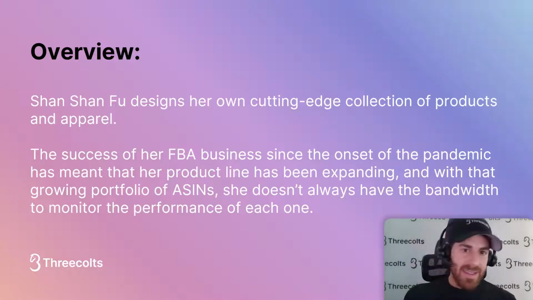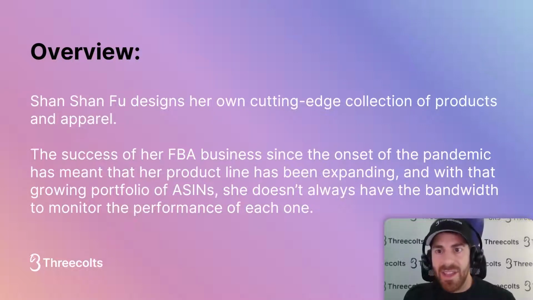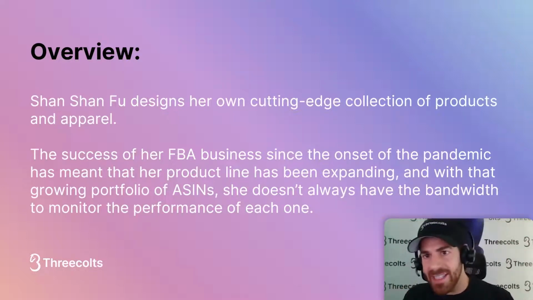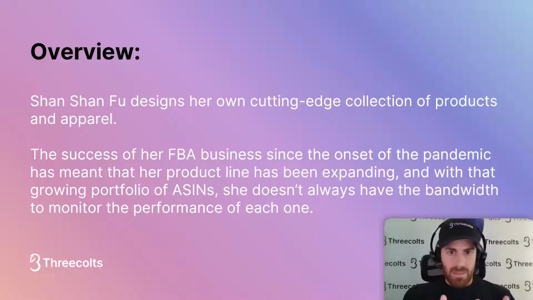So the growth was quite large in terms of breaking that down into parent ASINs, child ASINs, et cetera. And you can imagine how that grew out as a company, how that expanded.